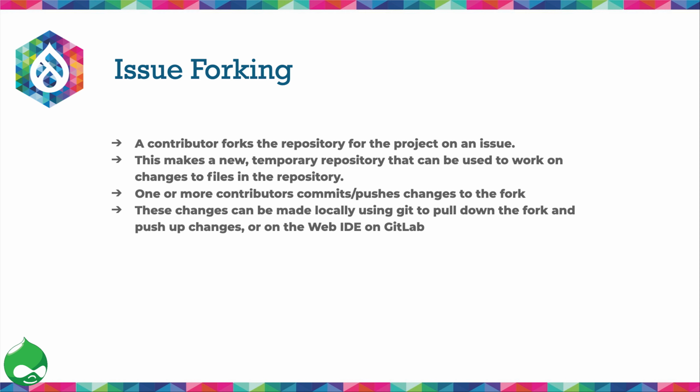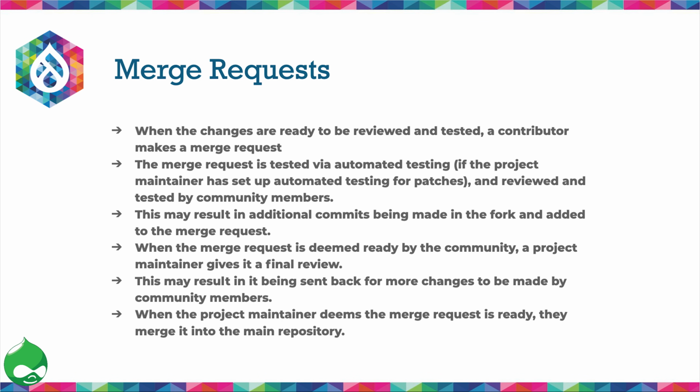After these changes have been made and everything is looking correct, a merge request would be made. A merge request is the process of creating a request to merge a specific branch into another. In this case, the merge is from a branch in the forked repository to a branch on the Drupal Project Repository.